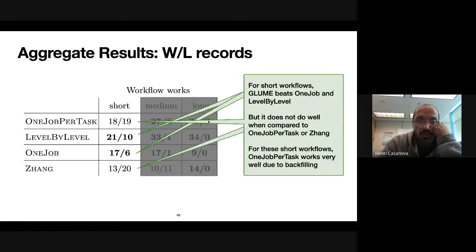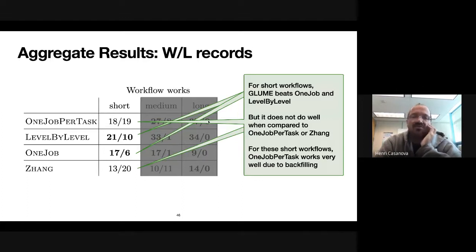And then for short workflows, so those are really ridiculously short, then it's a mixed bag, and GLUME beats one job and level by level, but it doesn't do so well compared to one job per task in Zhang. Turns out for these short workflows, you should just do one job per task because backfilling works so well that you're going to end up winning, right?